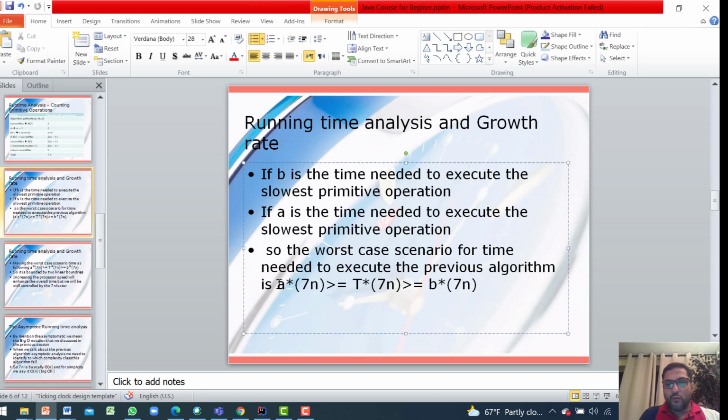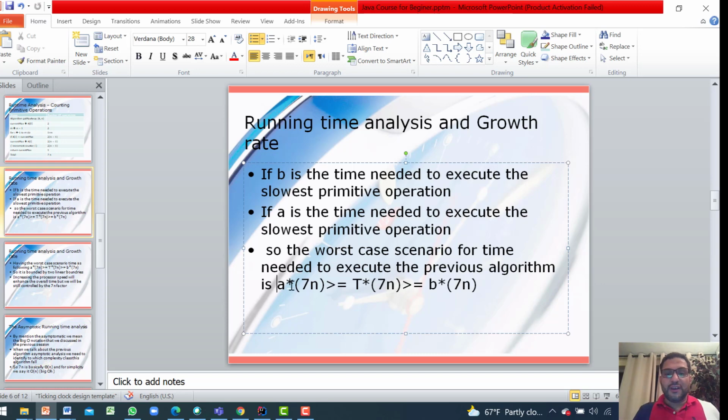So my worst case scenario is something between the best timing and the worst timing multiplied by the number of operations. If I consider B is the slowest time, for example B is 5 seconds, the slowest primitive operation takes 5 seconds, multiplied by 7n, which is the number of operations, I have 35n seconds.